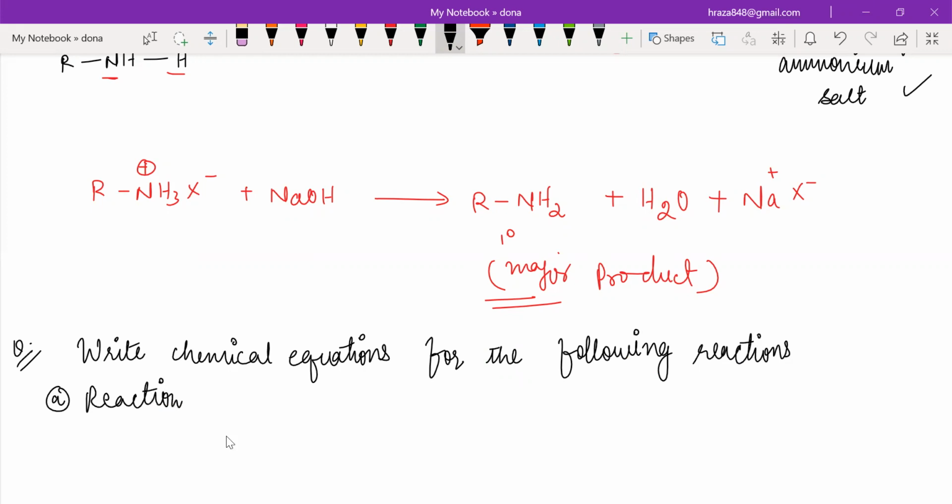The first one is the reaction of ethanolic NH3 with C2H5Cl. This is the first part. Please do it, and let me know if you are unable to solve.